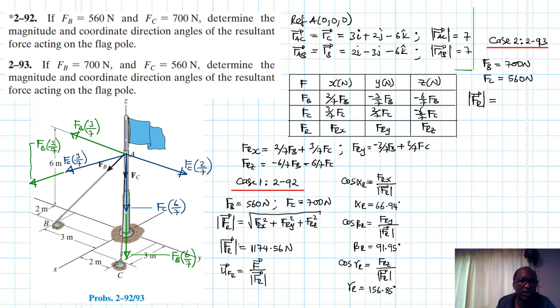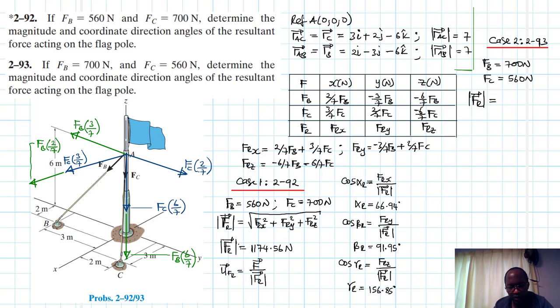Let's work it out. We're using the same equation again, just plugging in two new values. So 2/7 by 700 plus 3/7 times 560, squared, plus minus 3/7 times 700 plus 2 over 7 times 560, squared, plus minus 6 over 7 times 700.